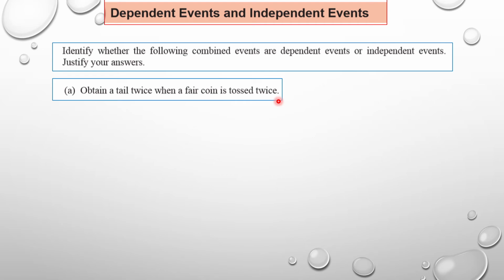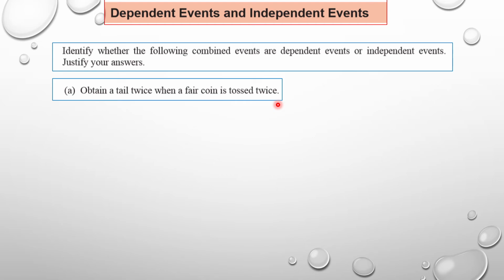Now, when you throw a coin for the first time, you can get tail or head. And when you throw for the second time, again you will get tail or head. Now, the occurrence of the first event here will not affect the occurrence of the second event.